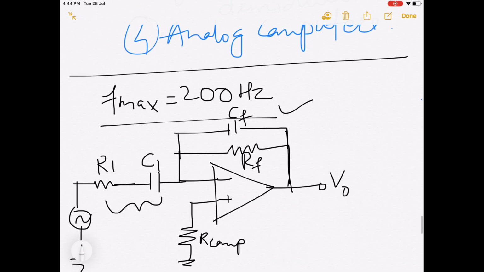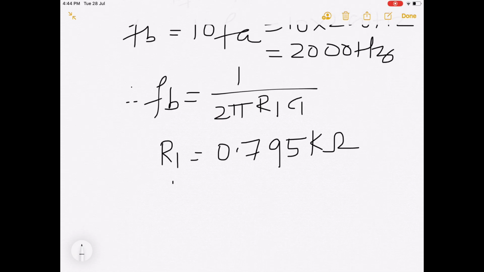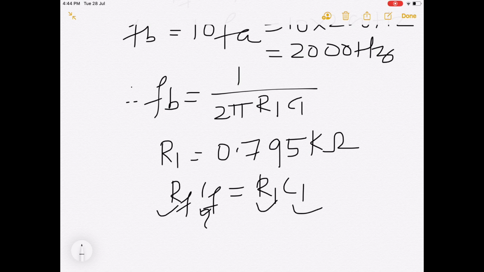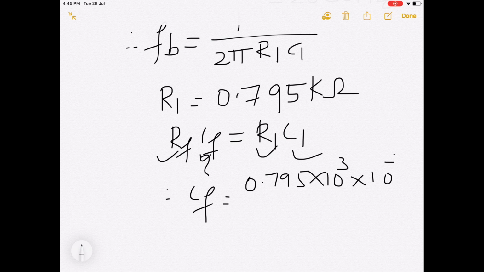Now we have R1, C1, RF. Now we have to calculate CF. For the calculation of CF, consider the condition we have seen: RF CF equal to R1 C1. Put the values of RF, R1, C1 and calculate CF. So, CF will be 0.795 K times 0.1 microfarad divided by 7.95 into 10 raised to 3.